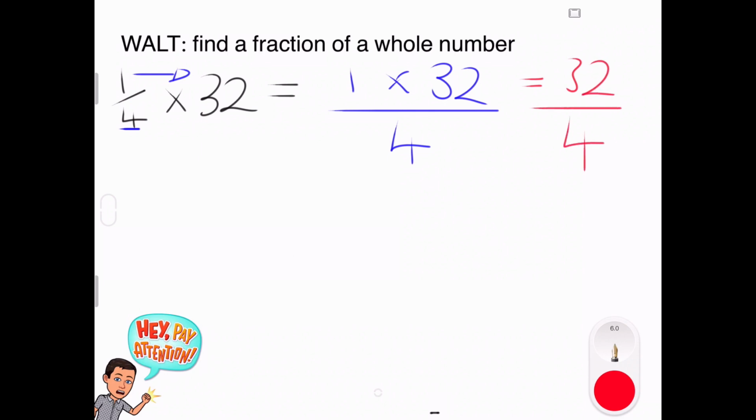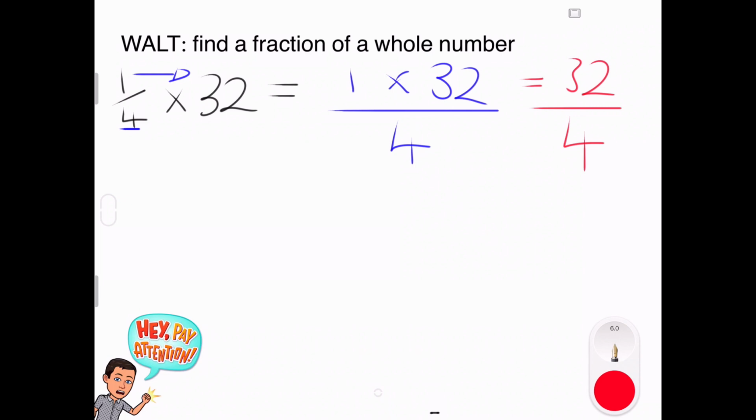From here, I need to divide my numerator by my denominator. As you can see, I've got an improper fraction. The numerator is bigger than the denominator. So we need to change this around so that we have either got a mixed fraction, a whole number and a fraction, or just a whole number.